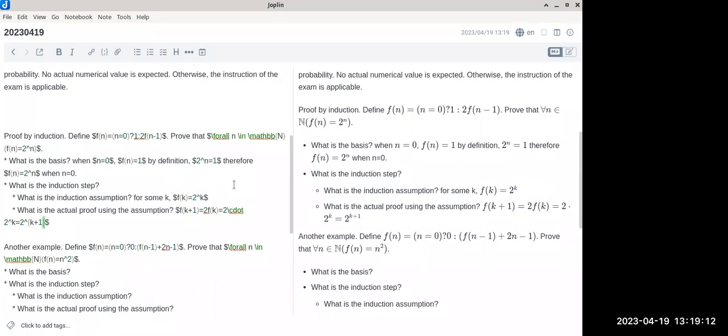Does that make sense to you? Can everybody connect all of these steps? f of k plus 1 equals 2 times f of k. That's because of the definition of f itself. 2 times f of k equals 2 times 2 to the power of k has to do with the induction assumption.